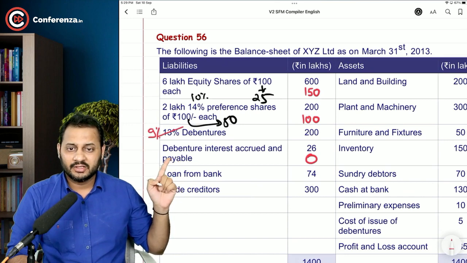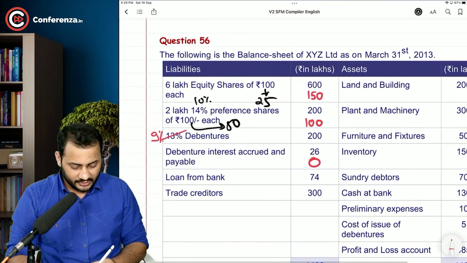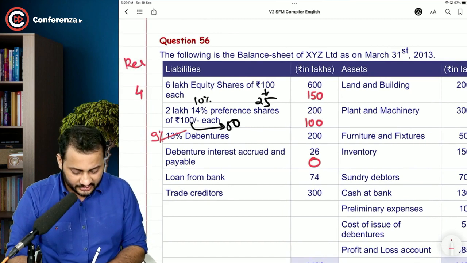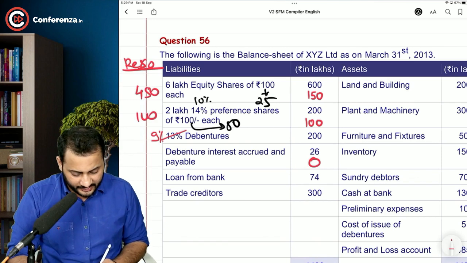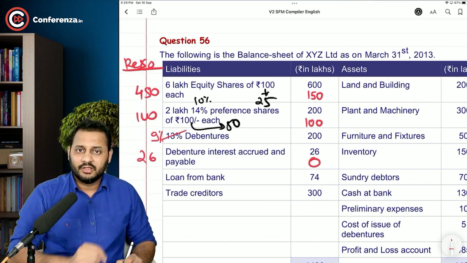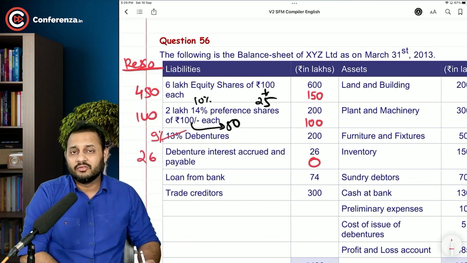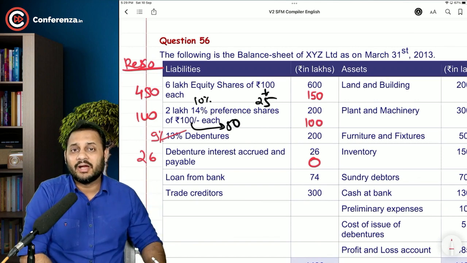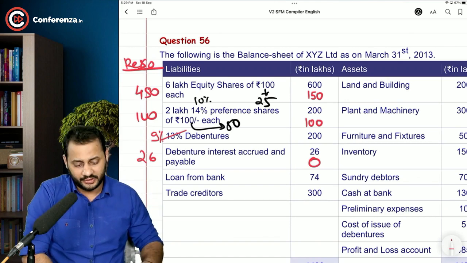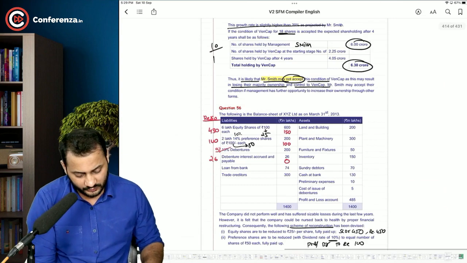What will happen? The reconstruction account will get credited with 26 lakhs. It got credited. This is the reconstruction account. It got credited with 450 here, 100 here, and 26 here. We need to be very careful about the amount, because we have to match the balance sheet at the end. Okay. What are we going to do now?